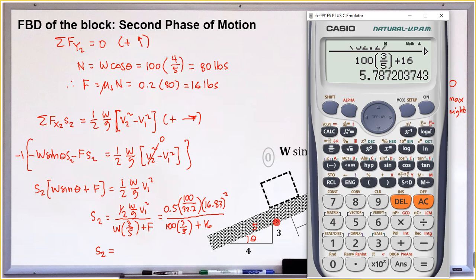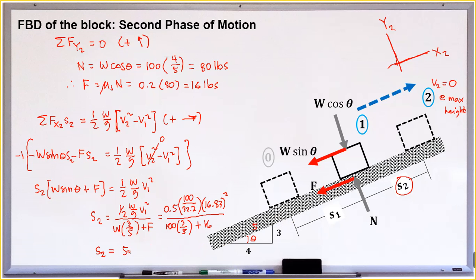So we have 5.79 na lang ato ibutang. 5.79, this is feet. So naka-travel pa din siya og 5.79 feet before pa siya miligid paubos, no? So ato ni gamiton si S2 so that we can solve for the velocity of this block pag return niya sa iyang initial position.